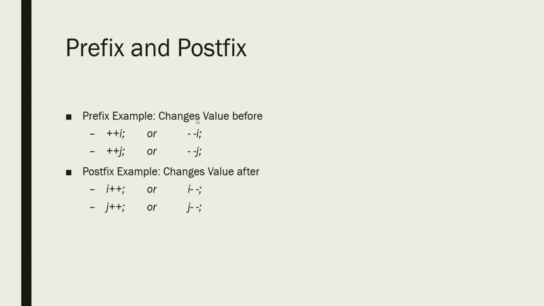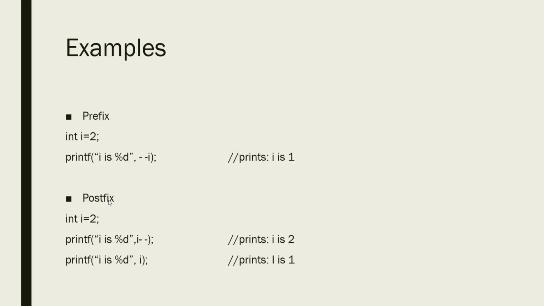If you're trying to print out plus plus i, that means it's going to add 1 before it's printed. So it's going to change the value before it's printed. But if you do it the other way, it's going to change the value after the print. And don't worry, we'll see an example right after this slide.